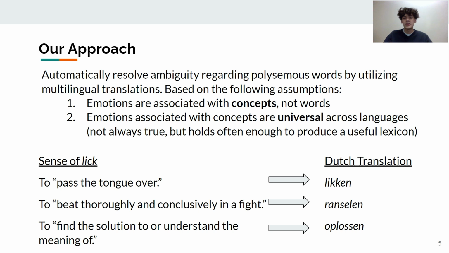And if we look up each of these words in a Dutch sentiment lexicon, we may find that likken is associated only with the emotion of disgust, ranselen is associated only with the emotion of anger, and oplossen isn't associated with any emotions at all. And this is how we can resolve some ambiguity using multilinguality.